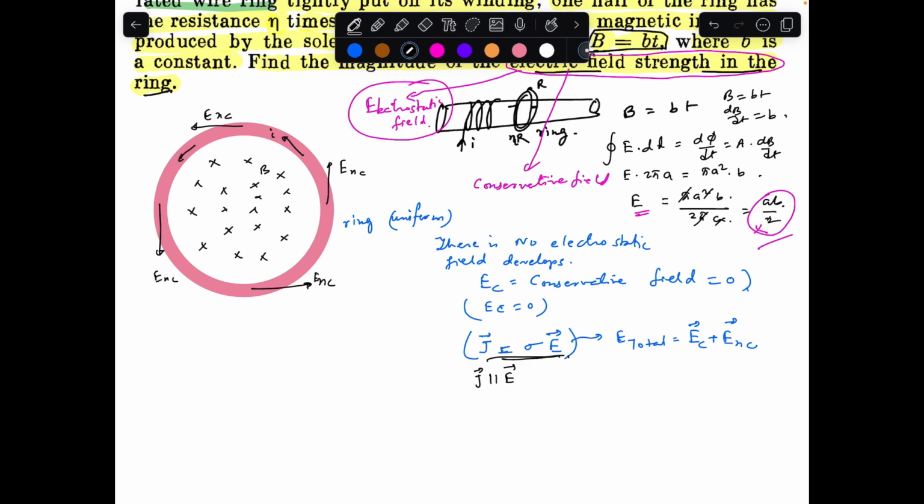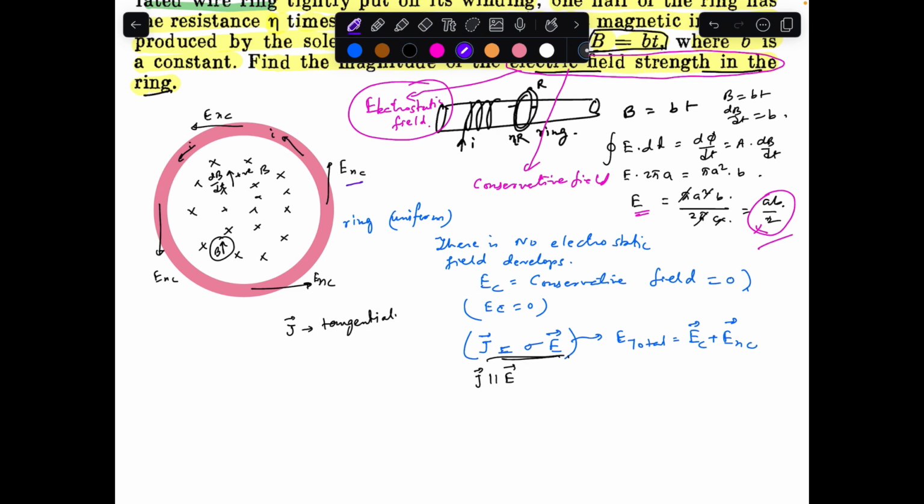If B is increasing with time, dB by dt is positive, then the induced current will be in the anticlockwise direction. So J will also be anticlockwise. So J will be tangential, correct? Since J is tangential, the direction of electric field is also tangential.